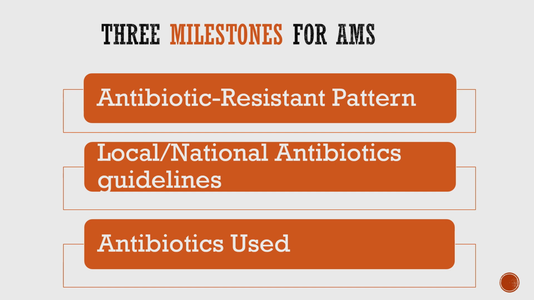The first pillar is to know the antibiotic resistance pattern, the AMR, of our area or our patient. Second, formulation of local as well as national guidelines for the use of antibiotics. And third is to measure the impact by calculating antibiotic use with some simple formulas like DDD, defined daily dose, and DOT, duration of therapy, as well as the impact on the morbidity and mortality of the patient.